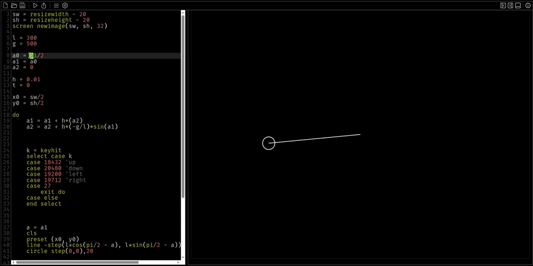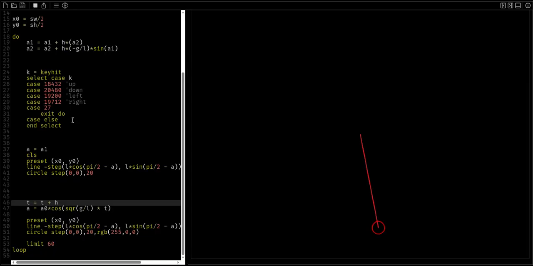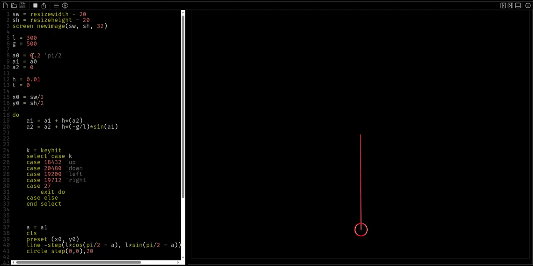Then we reduce the initial angle, then over here we have the so-called small angle approximation, and we note that it's mostly correct except in cases where the angle is not small.